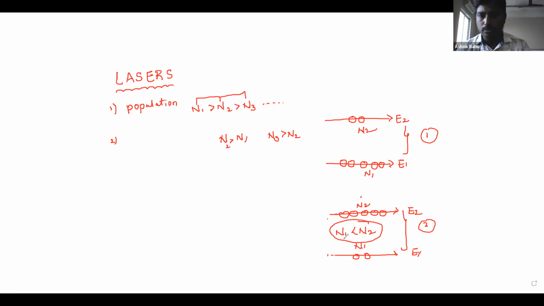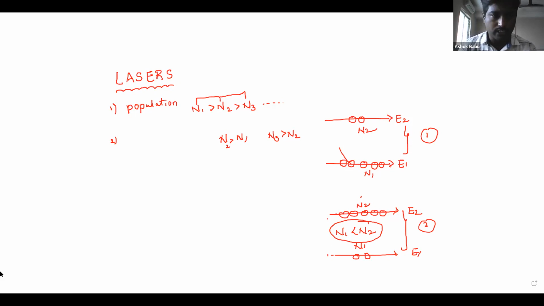To achieve population inversion, we need to send the atoms from the ground state to the higher energy state using pumping mechanisms. Pumping mechanism is nothing but sending atoms from a lower energy state to a higher energy state. Every laser has a different type of pumping mechanism.